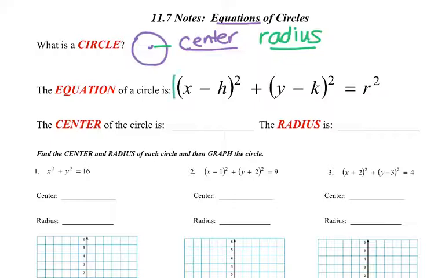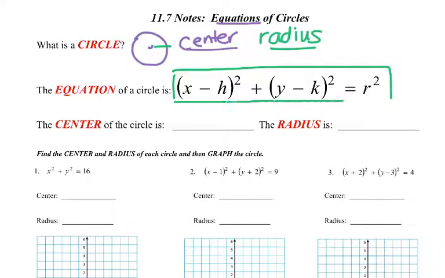This is what an equation of the circle actually looks like. And I know that looks a little bit crazy, but you'll see that it's actually really simple. The center of the circle is always h, k, and the radius is r.